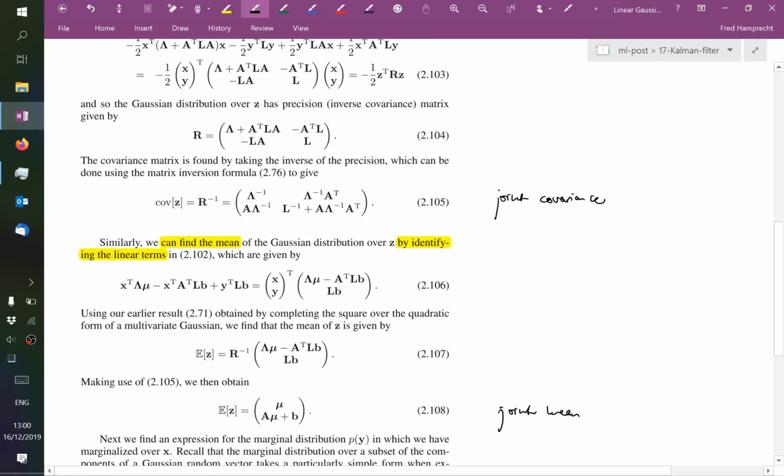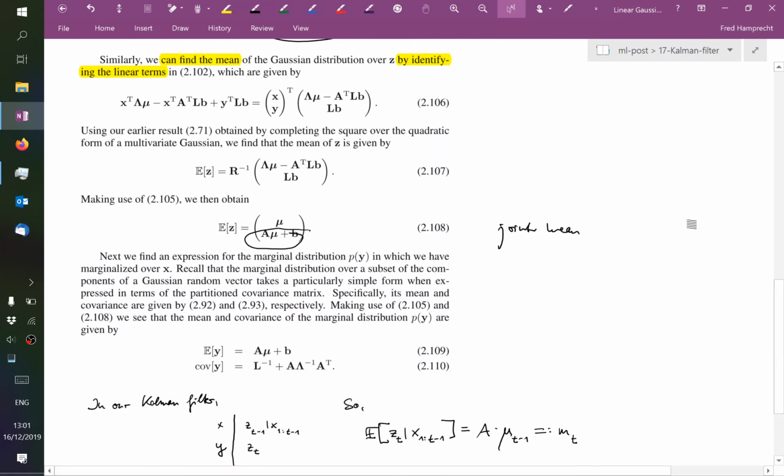And if we now want to integrate out one variable, if we only care about the distribution of y and not about the distribution of x, then we can simply omit the terms from this covariance matrix that we are not interested in. So we can simply take from the mean the second part, and we can take from the covariance matrix this bottom part. And this is what you see here.